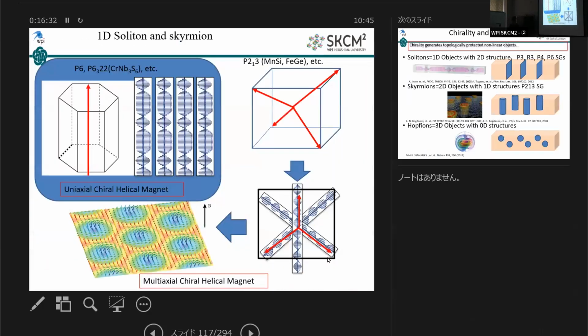Then we can consider not only the one-dimensional case, but two-dimensional or three-dimensional. What I explained today is the one-dimensional soliton case. But if we cut the two-dimensional case, it is possible to generate a skyrmion. It is the same. These are all phase-ordered spin defects. This is two-dimensional, and the soliton is one-dimensional.